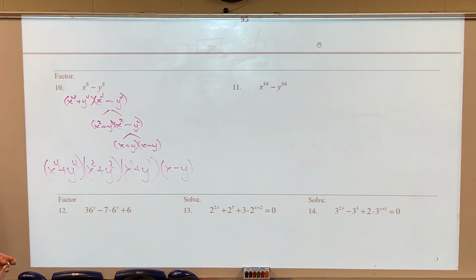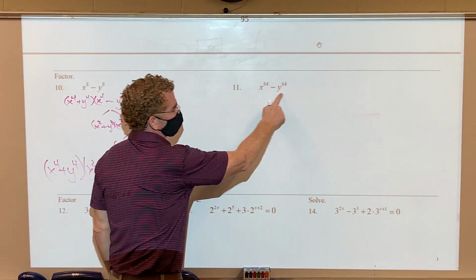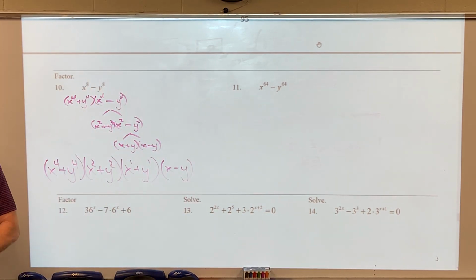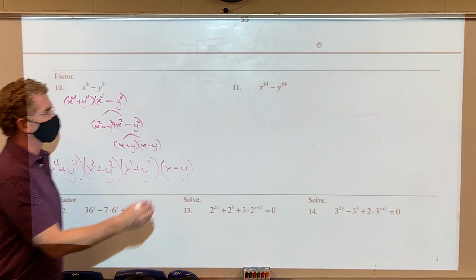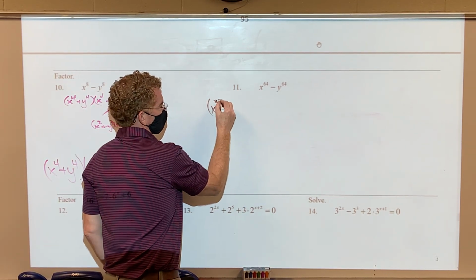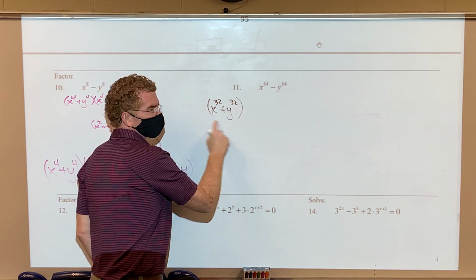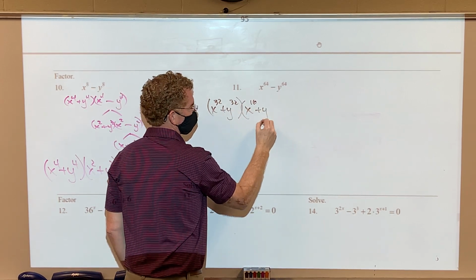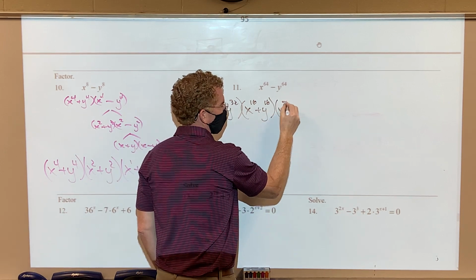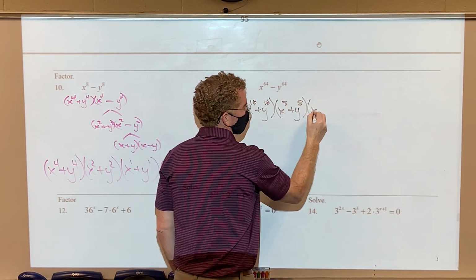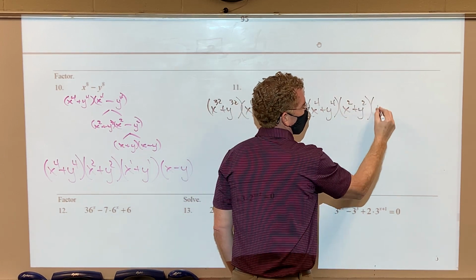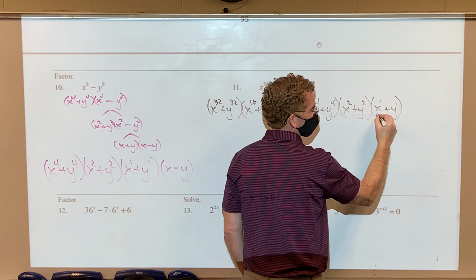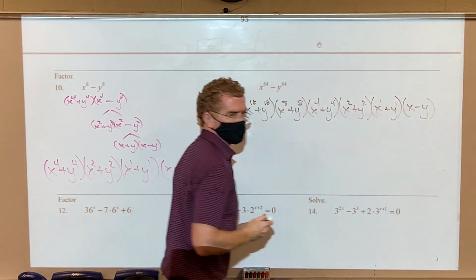Well, with that in mind, rather than do a giant factor tree with this thing, starting with x to the 32nd plus y to the 32nd, x to the 32nd minus y to the 32nd, and then breaking it, breaking it. What can I start with? So I'm going to go 32 with plus, 16 with pluses, 8 with pluses, 4s with pluses, squares with pluses, x to the 1, y to the 1 with plus, and then tack on an x minus y in the end.